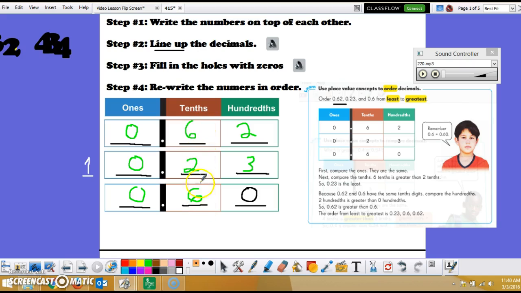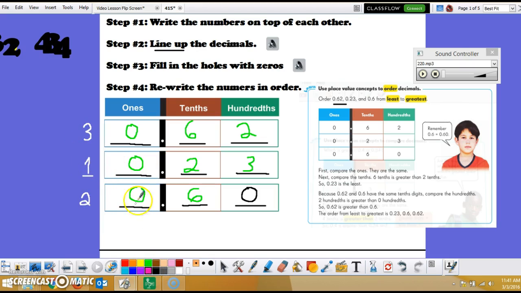In the tenths, they both have a 6, so I have to follow it over to the hundredths place value, where in this number, 62 hundredths, I see a 2 in the hundredths, and only a 0 in this hundredths, which means 62 hundredths will be my largest number, and 60 hundredths will be my middle number.